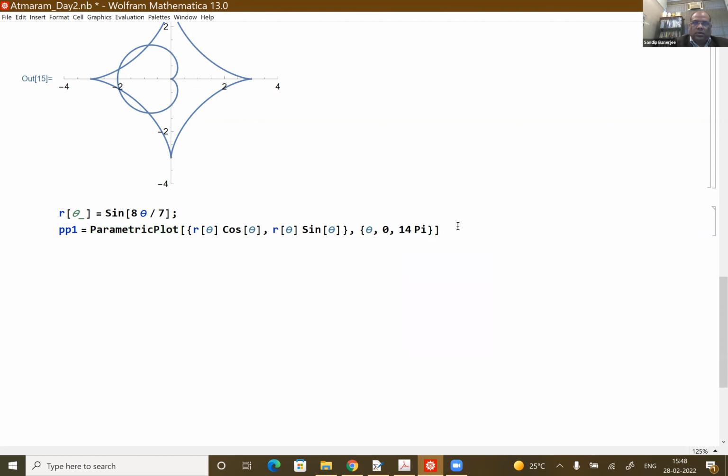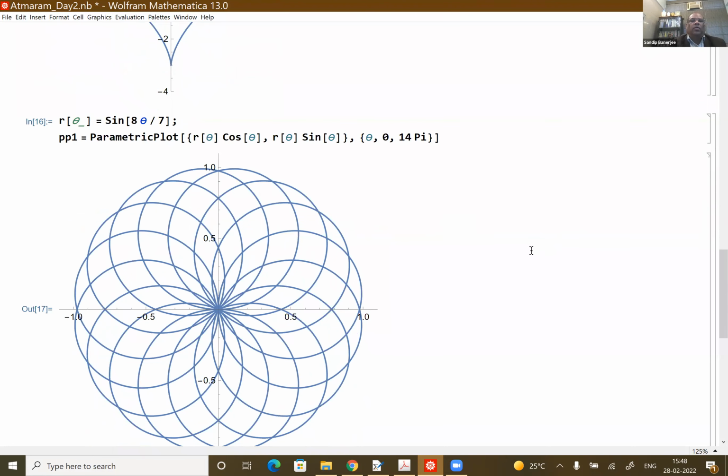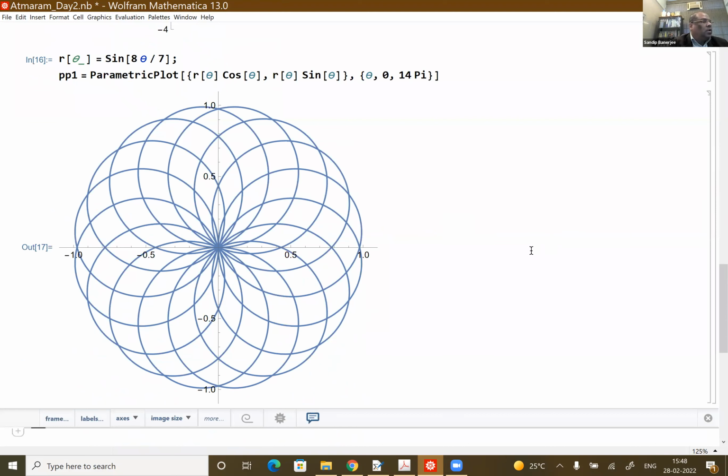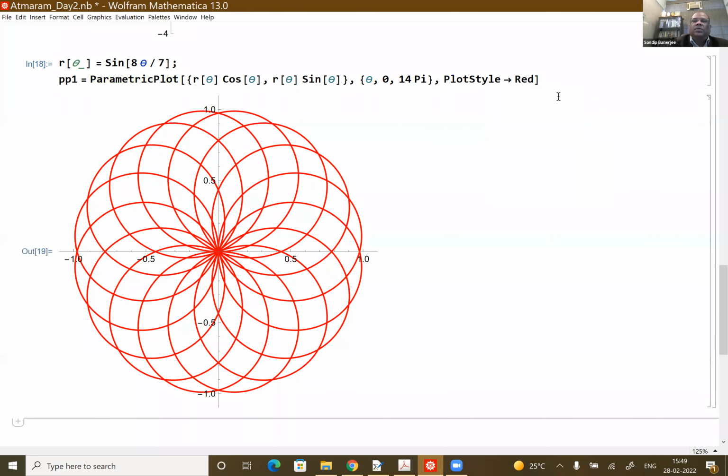Something like this, and you get a beautiful figure like this. If you want to change the color, you have to give plot style red, and it becomes red.